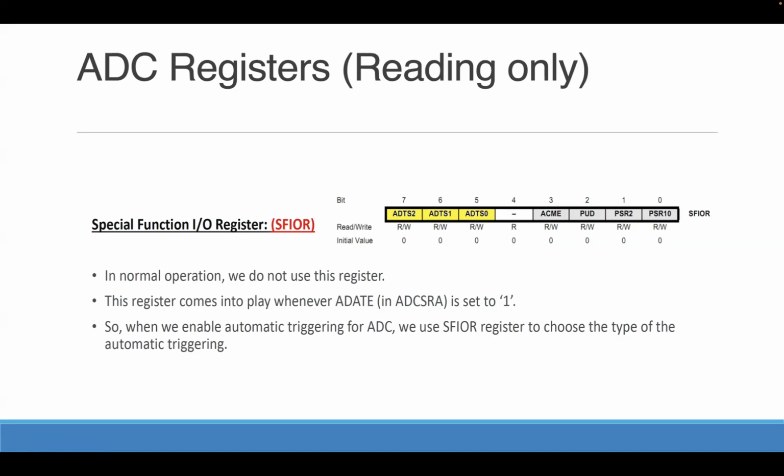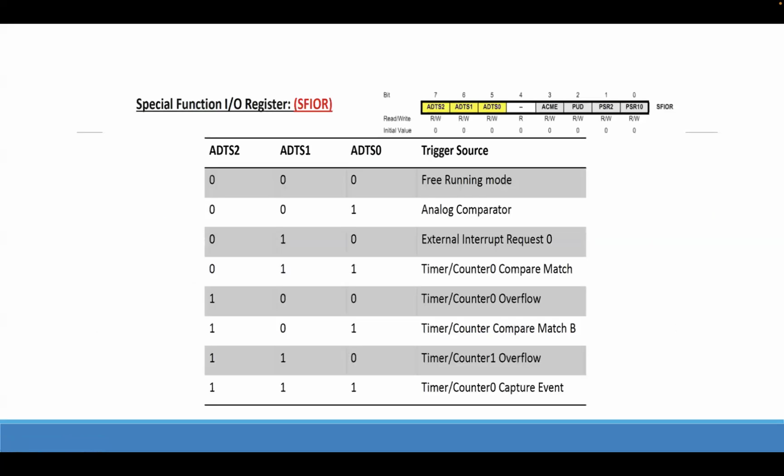And this register is like a flag for the ADC. These bits determine the trigger that makes the ADC operate. So we have here different types of triggers.